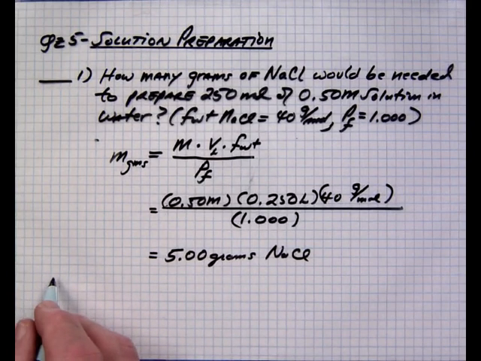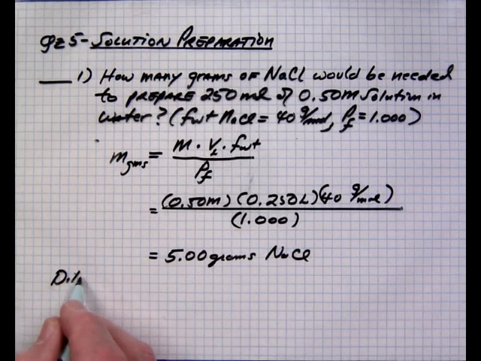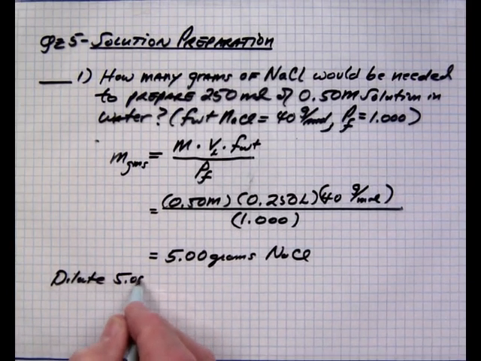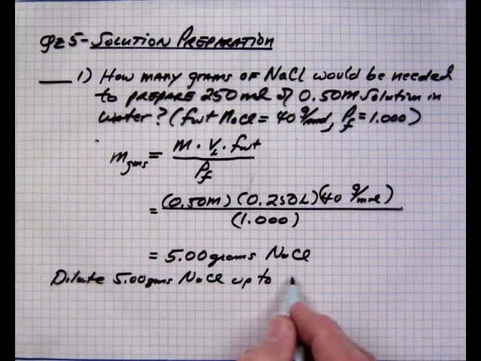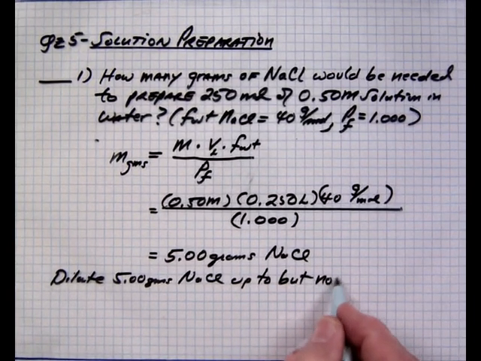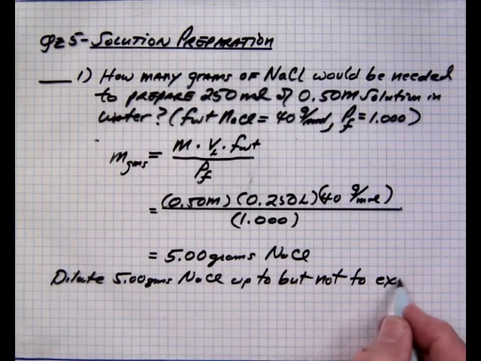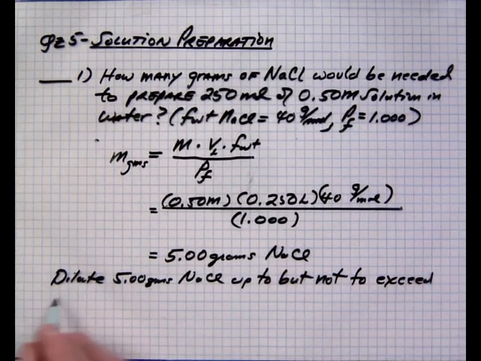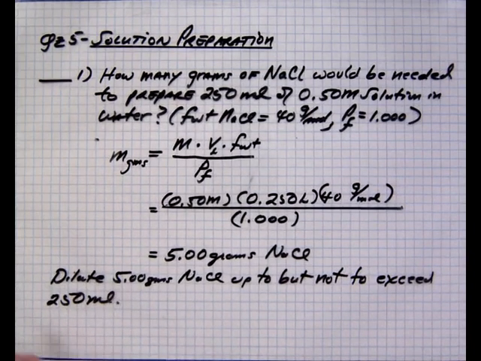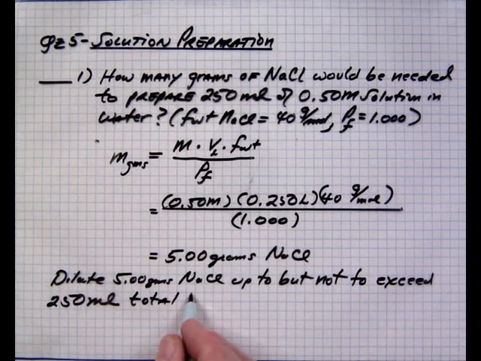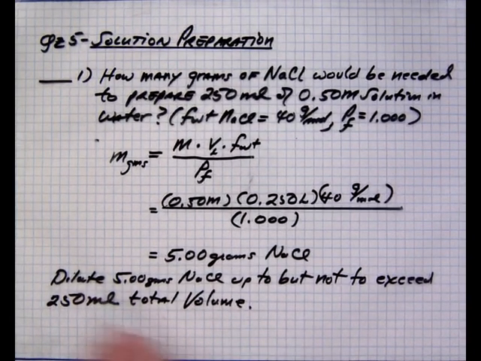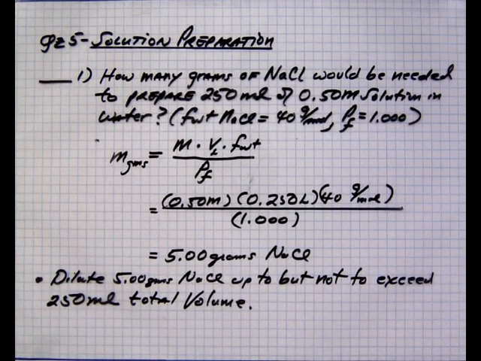Basically, dilute 5 grams NaCl up to, but not to exceed, 250 milliliter total volume. And that's a choice in the answer selections.